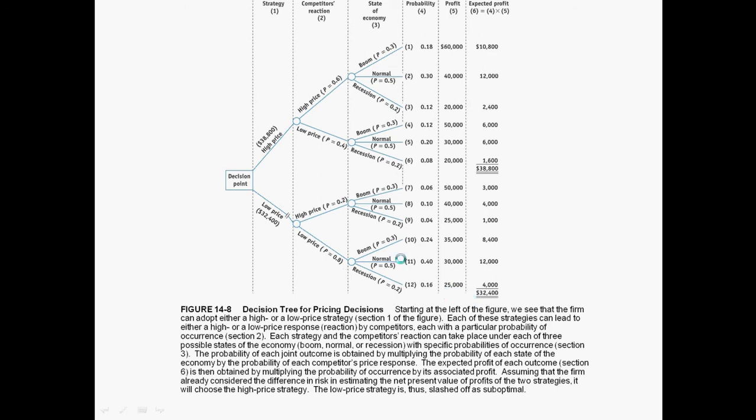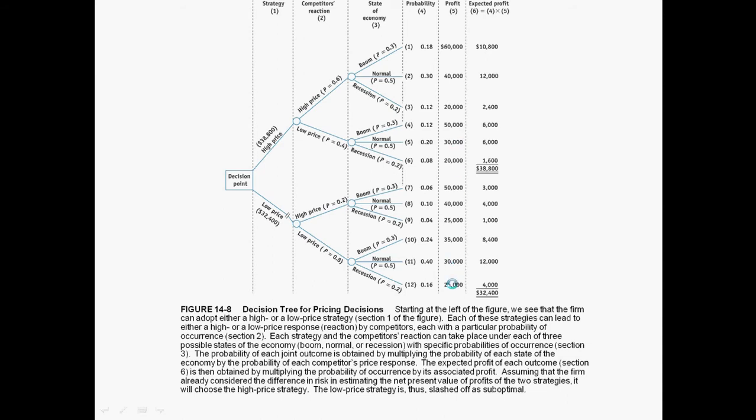So in this case, if there's a recession and he and his competitors both charge a low price, then he'll make 25,000 in this case, 20,000 in that case. In a recession, people may not have that much money to spend, so then he really has to be underselling people, and if he doesn't choose his prices in the right way, then if he's charging a high price, he'll make less money in this case.